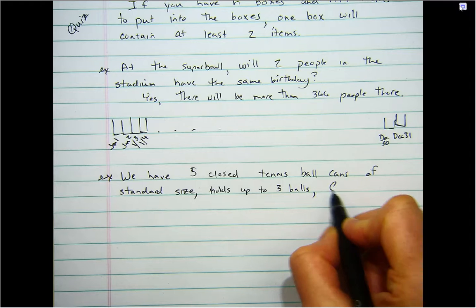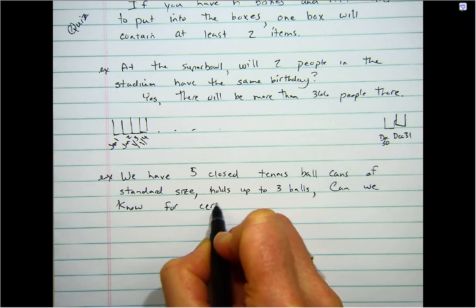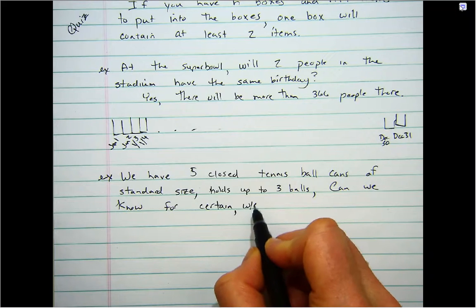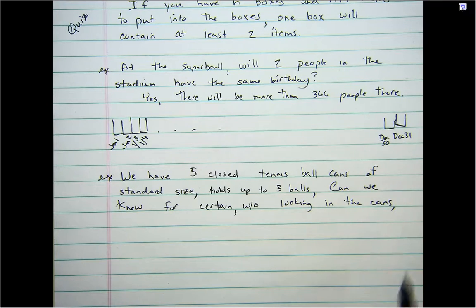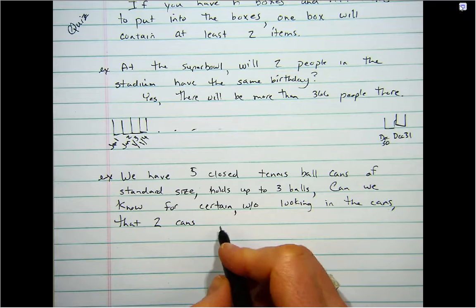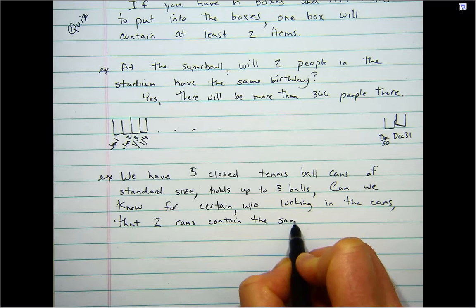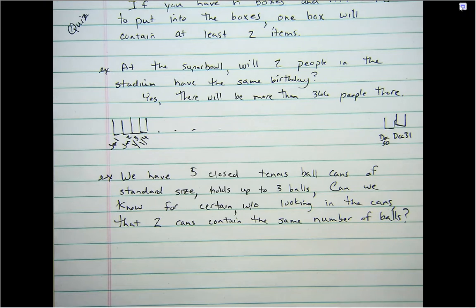So the question is, can we know for certain, without looking in the cans, that 2 cans contain the same number of balls?